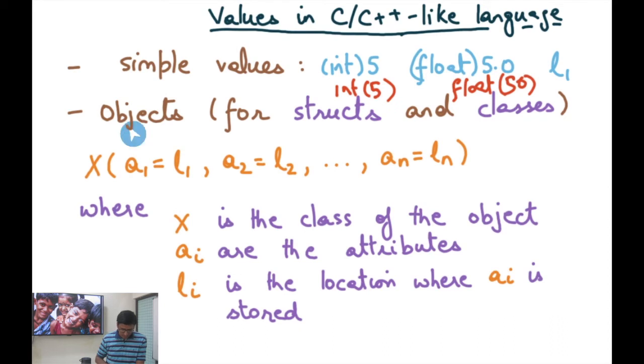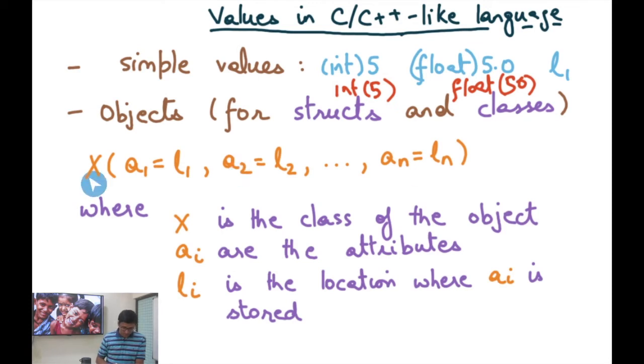Okay, then there are object values, or more complex values, or compound values, if you will, and these are for structures and classes. And in our language, we are going to assume classes, just like C++. And so classes can have multiple attributes, which are the fields of a class, just like in C++. And so I can say there's a class X that has attributes A1, A2, ... An.